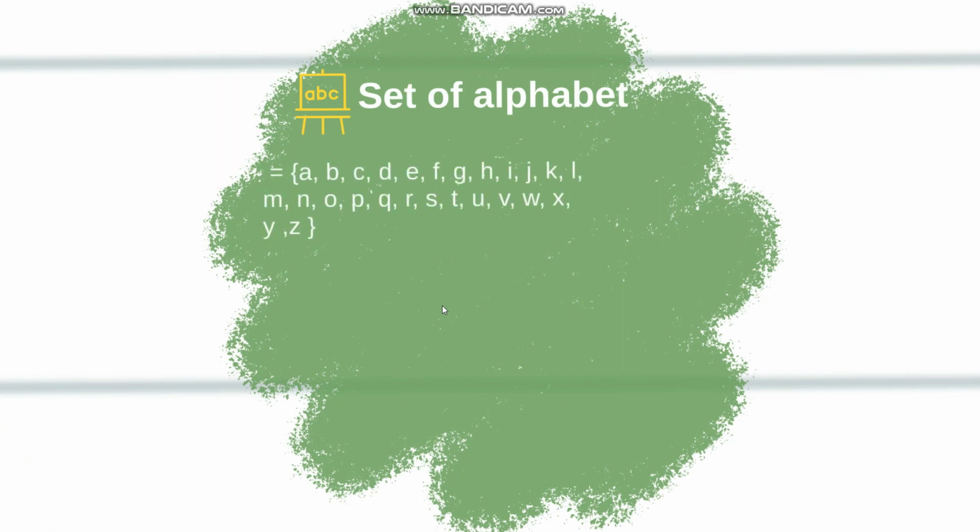On this one, we have 26 elements, and those elements are A, B, C, D, F, G up to Z. So these are our elements, and the set of alphabet as a whole is considered our universal set. Okay? So, meaning, all of these elements together in one set is our universal set.